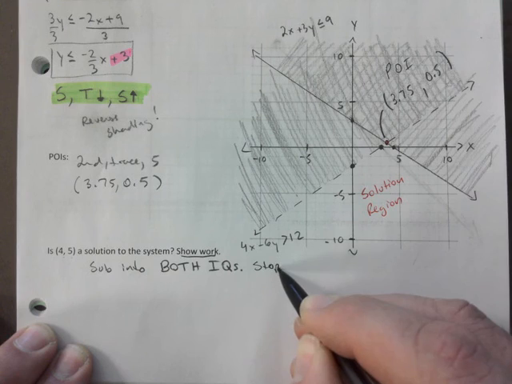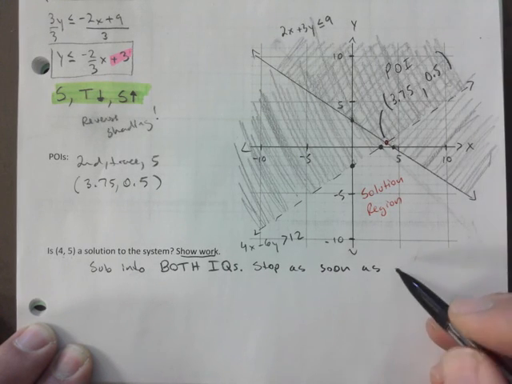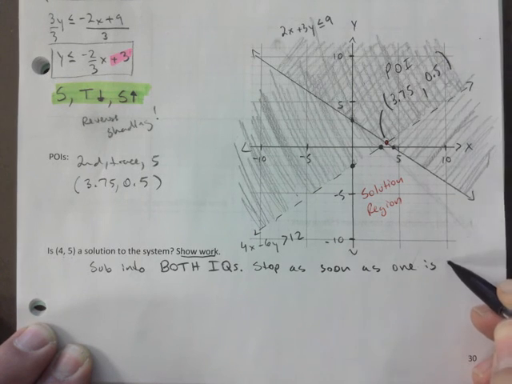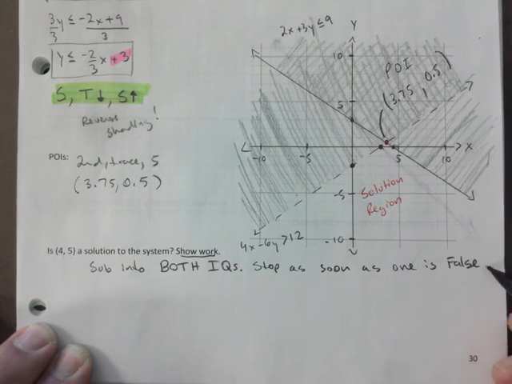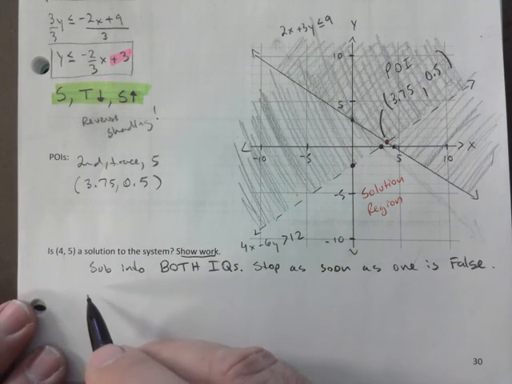Stop as soon as one is false. It sounds wrong, but I'll just put it like that. If you notice one you enter it and it's false, done. You don't need to keep entering into the other inequalities because it needs to be true for all of them. So as soon as it's not true, you stop.